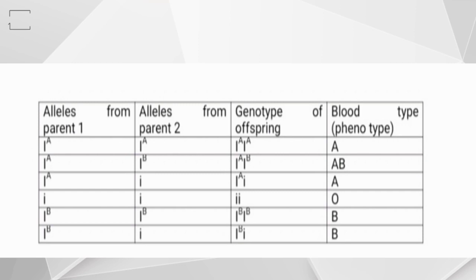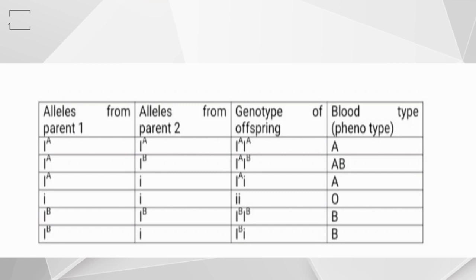On clear observation, we find that there are 6 different genotypes and 4 different phenotypes: A, B, AB and O are the phenotypes.